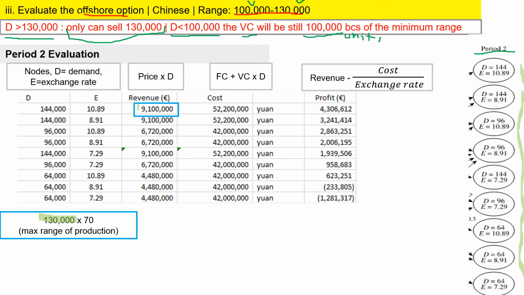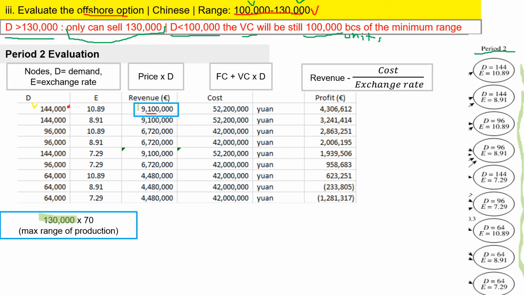Even though the demand is 144,000 units, we can only sell 130,000 because that is our maximum range in the Chinese plant. So the revenue is this. So we do not multiply 70 and the demand here, but we multiply it with the maximum range of production.